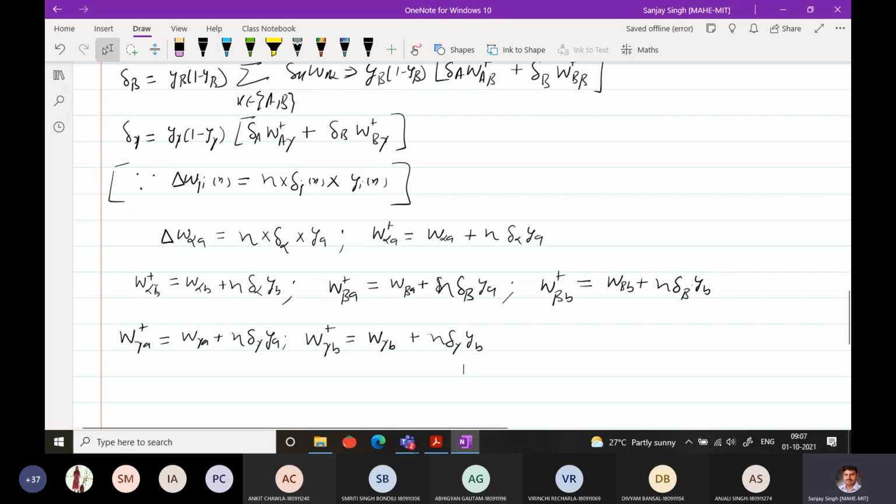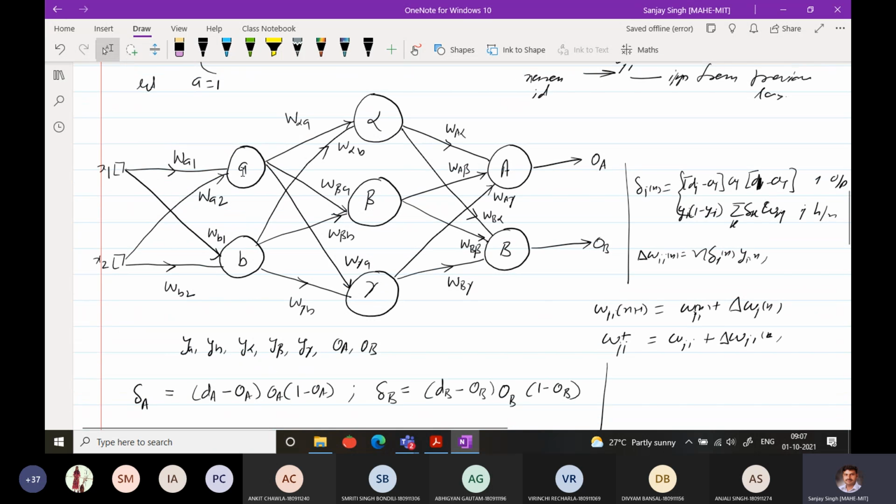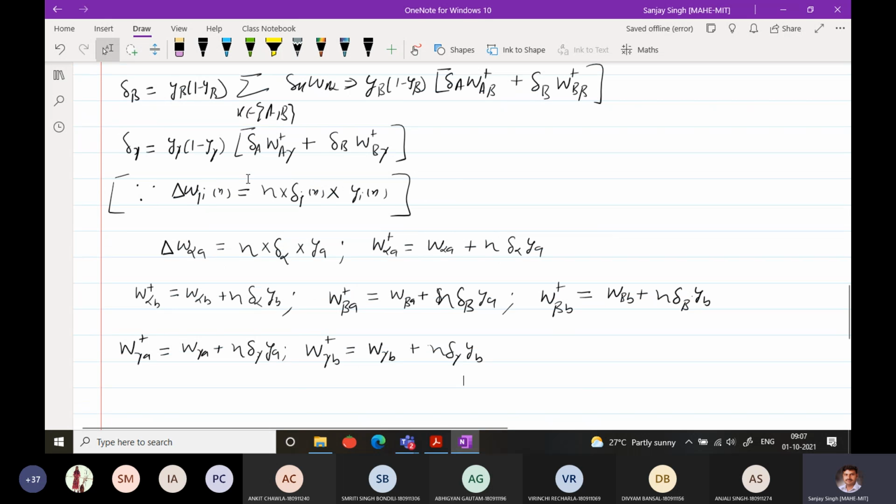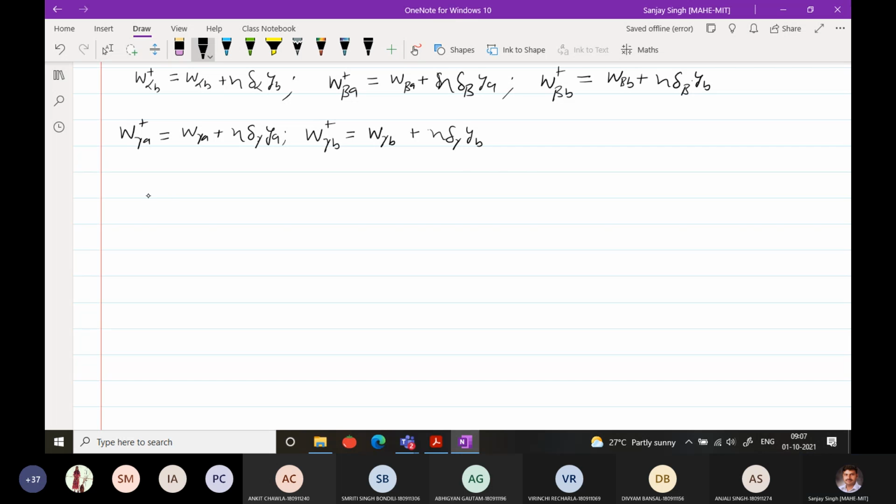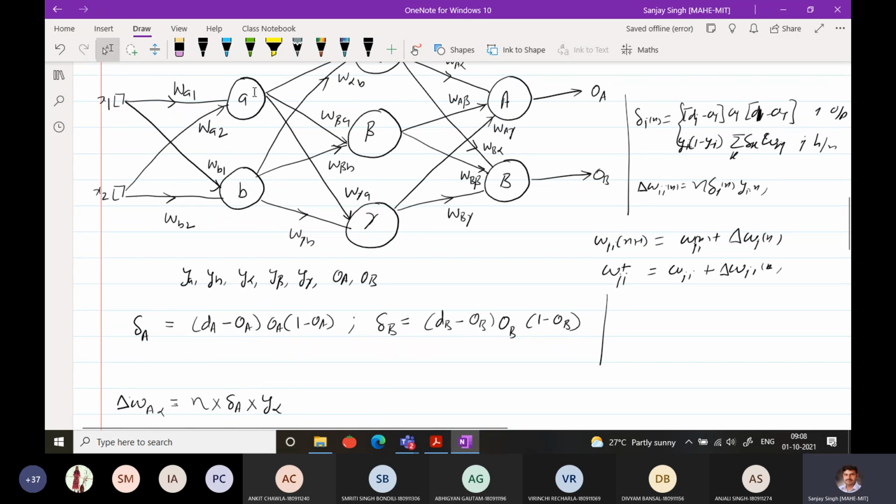So this is updation only, so I'm not missing anything. But remember that when you calculate now, you are at this layer. Again, you have to calculate the delta value for this. When you calculate the delta value and that belongs to a hidden layer neuron, again we have to go for delta A, which is nothing but YA(1 minus YA) times the sum over K of delta K and WKA, with K over alpha, beta, gamma, because you are at this particular layer.